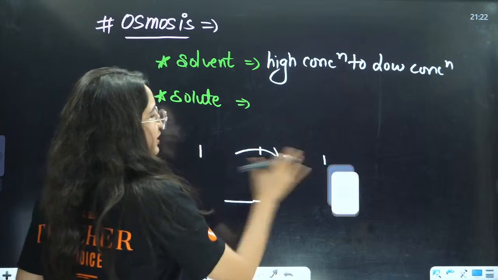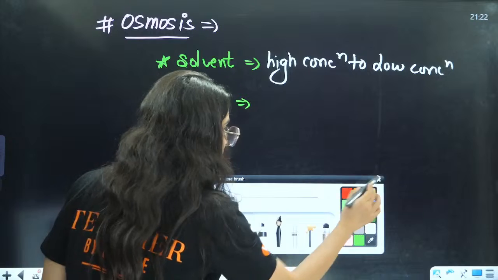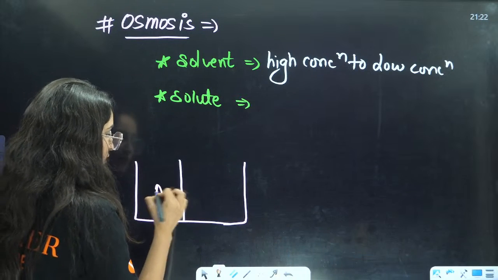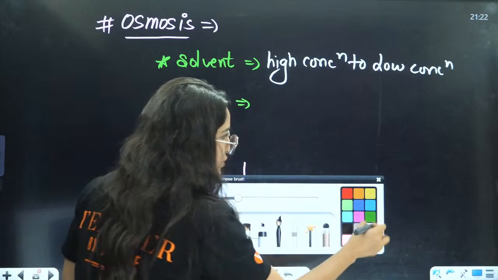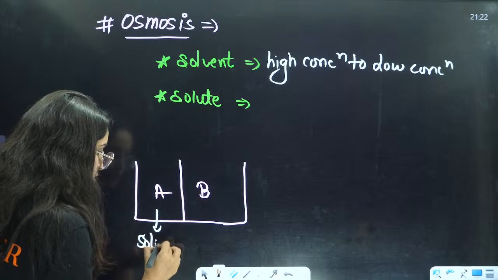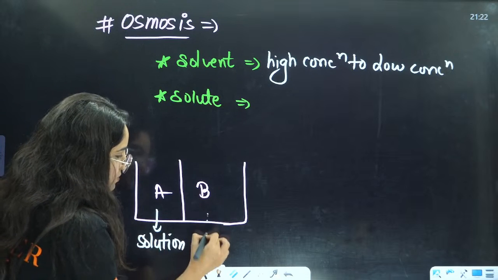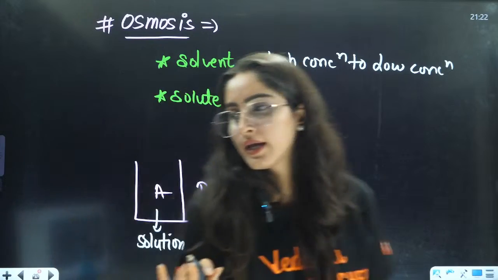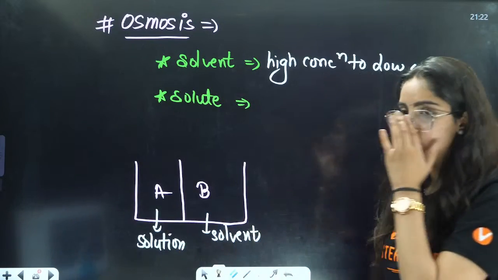For example, let us take one more very simple example. See, this is your A and this is B. I am saying that this is my solution, and this is my pure solvent.